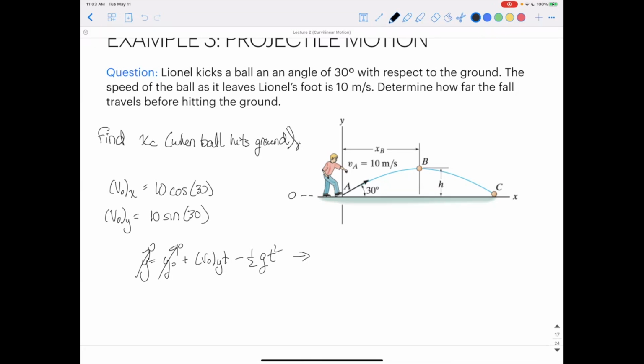So we're left with v0y times time is equal to 1/2 g t squared.